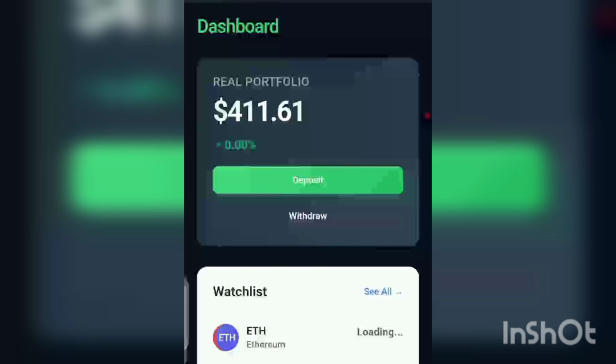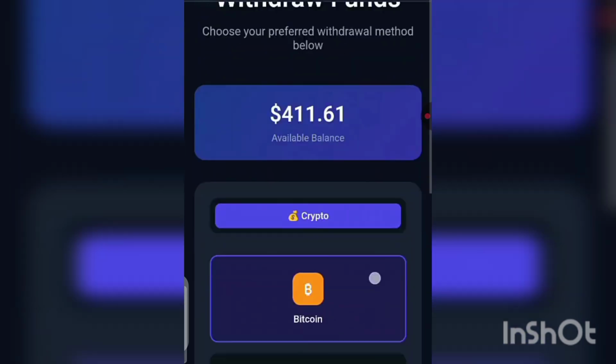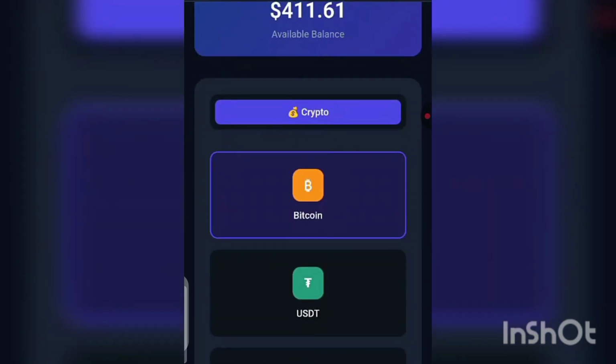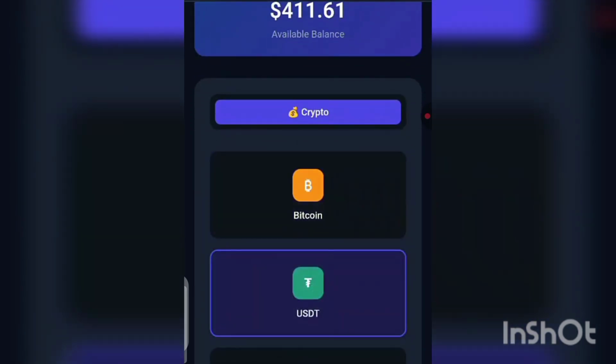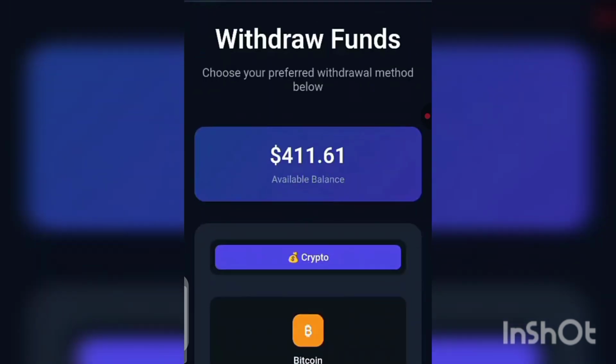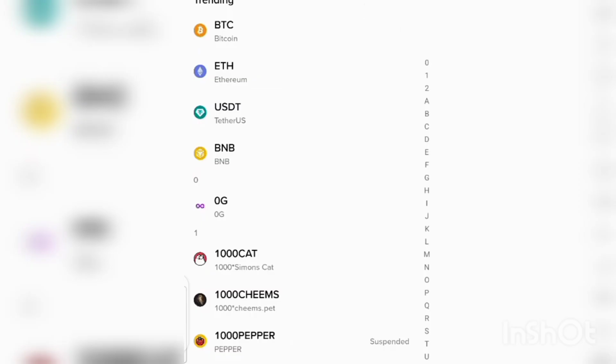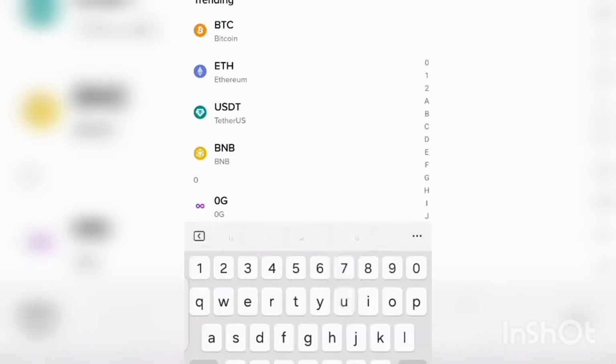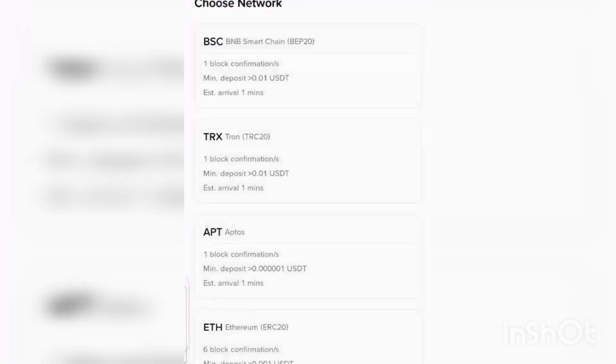Now what we are going to be doing right now is to make a withdrawal into our Binance. So the next thing, I'm going to be clicking withdraw, and to my USDT TRC20. So I'll go to my Binance to copy my address over there. We are going to be copying USDT TRC20 because that was what I deposited.